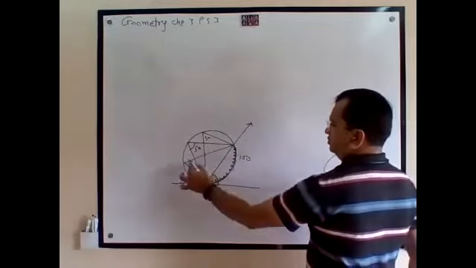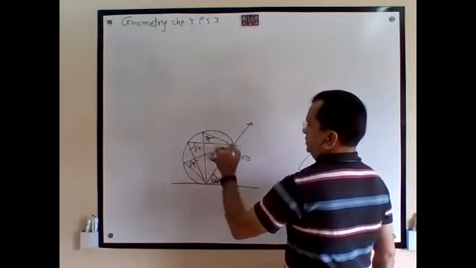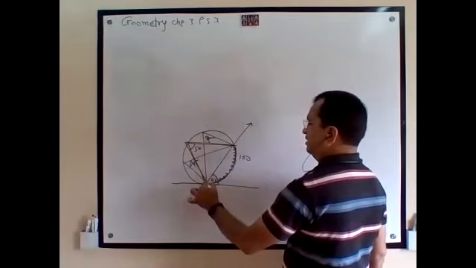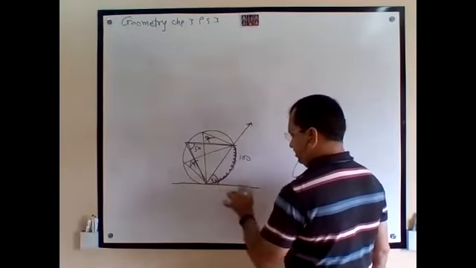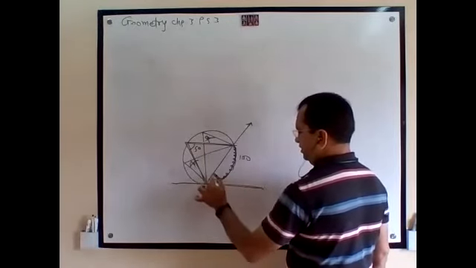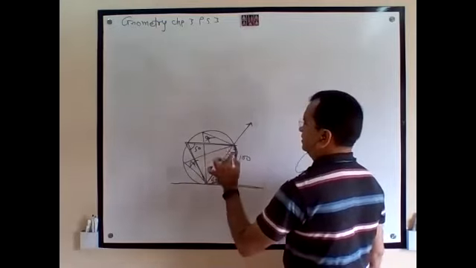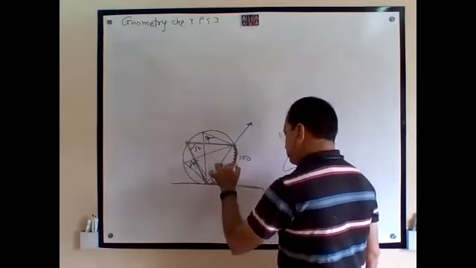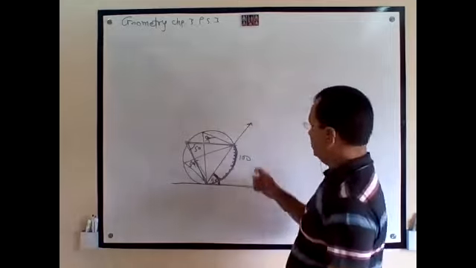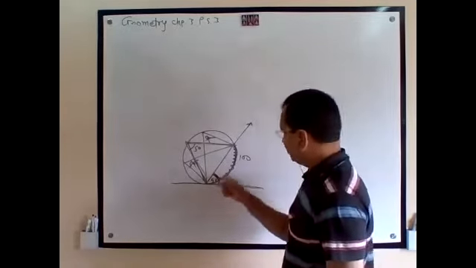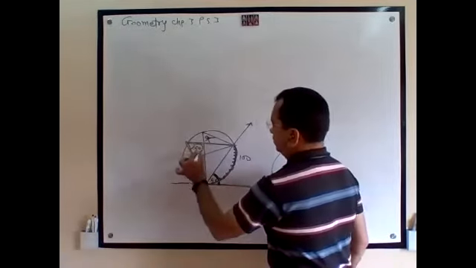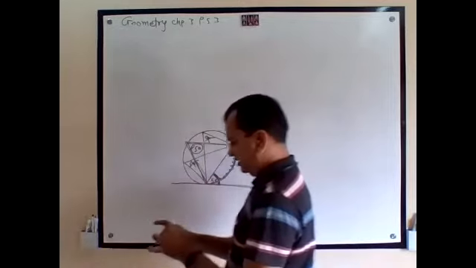But forget about these two. Inscribed in the circle, and inscribed by tangent and secant. So this angle is half of the arc. This angle is equal to half of the same arc. And if it is 100, this is 50, this is 50. So this and this are equal.